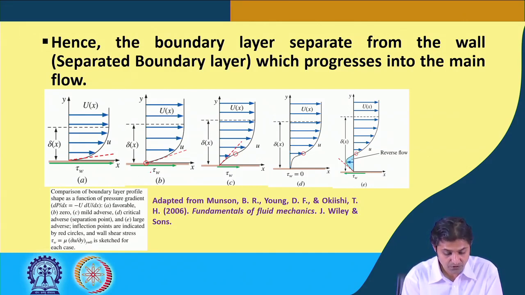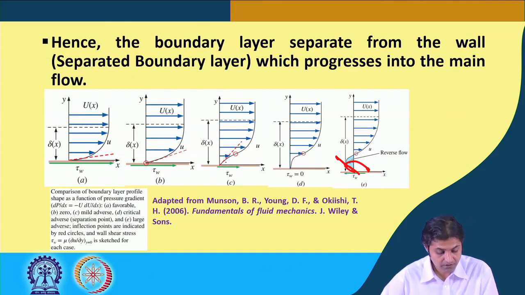B is 0, C is mild adverse, D is critical, and the fourth is large adverse, you see the pressure gradient dP dx.